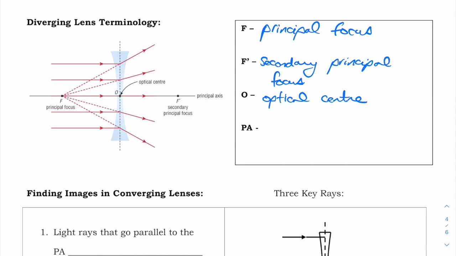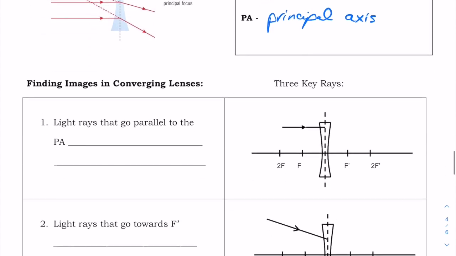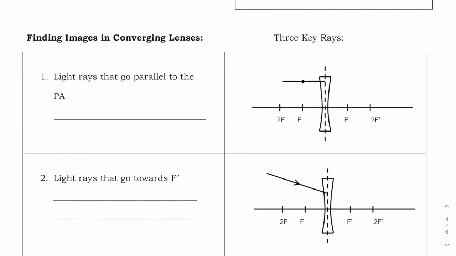And PA, once again, is the principal axis. Okay, now it's time to find images in diverging lenses. Sorry, small typo here. Please change that from converging to diverging.